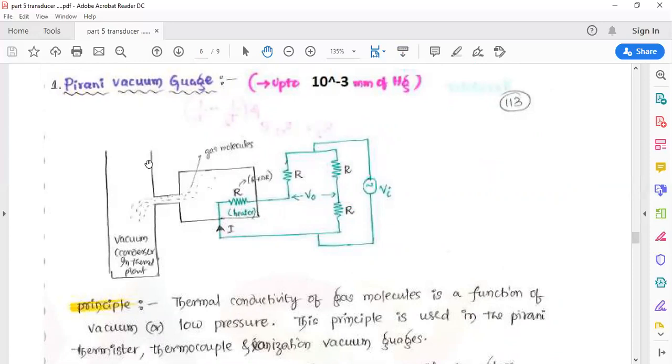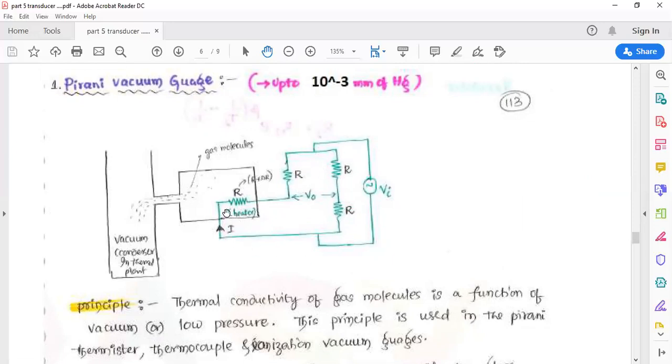Now here we have a vacuum cylinder. It is the gas chamber, and here is a resistance or heater which senses heat. It is a bridge-like structure.